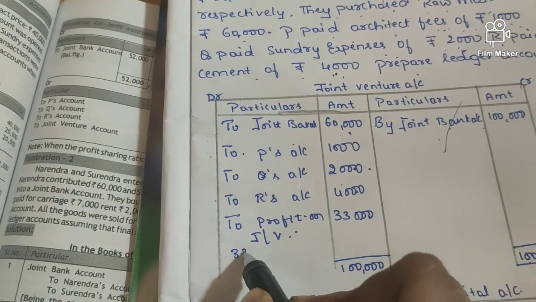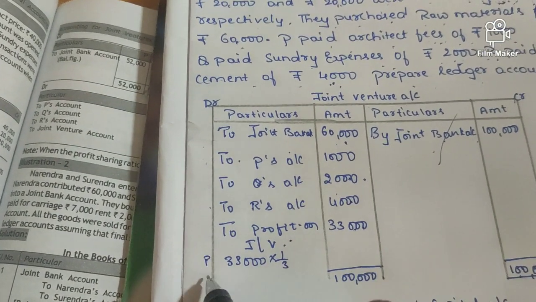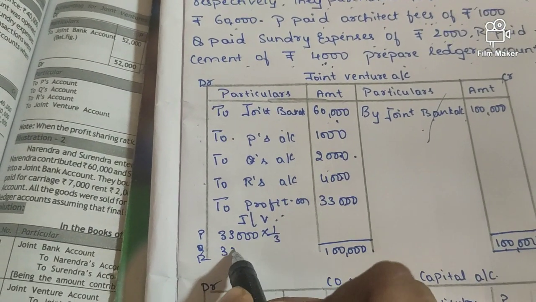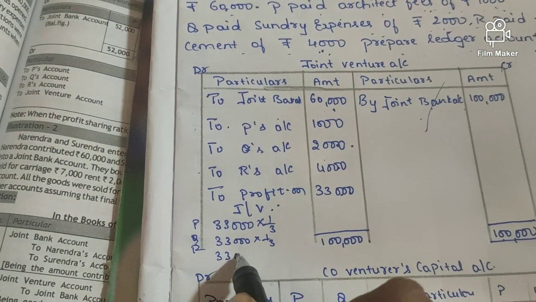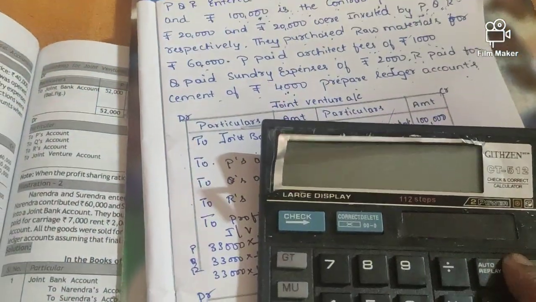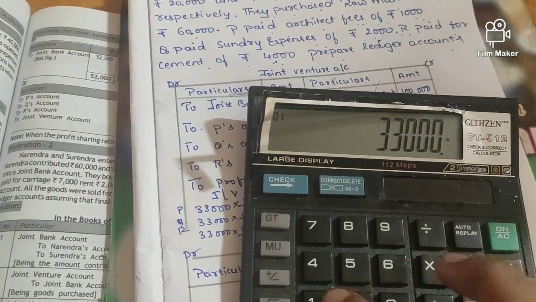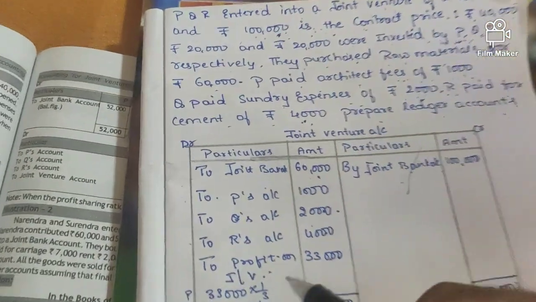So 33,000 into 1 divided by 3 for P, same 33,000 into 1 divided by 3 for Q, and R also 33,000 into 1 divided by 3. So what is the amount we will get? We will get 11,000 for each partner.